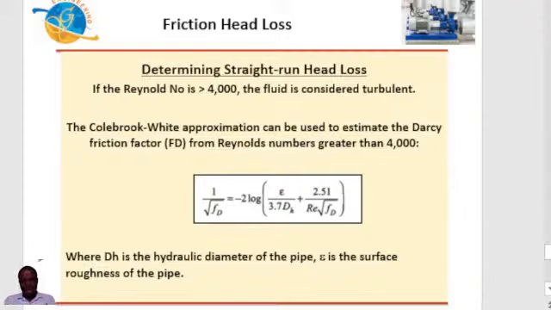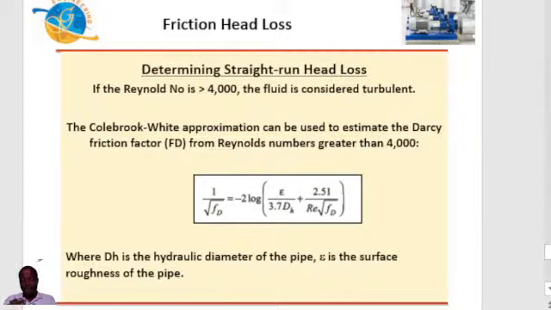But what if the Reynolds number is between 2000 and 4000? We say such flow is unstable and can exhibit either laminar or turbulent behavior, so the friction factor calculation can be very difficult to predict. Judgment should be used if accurate predictions of fluid loss are required in this region.